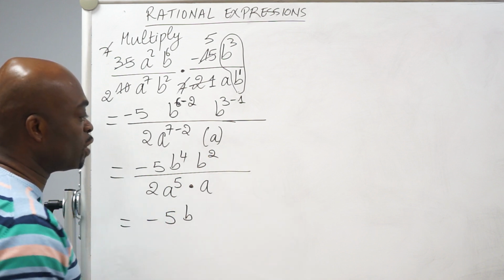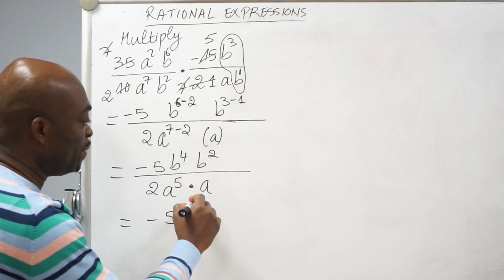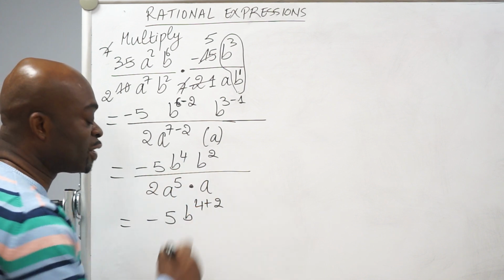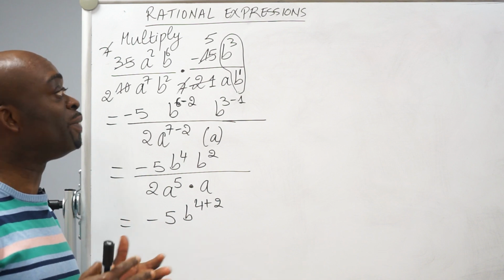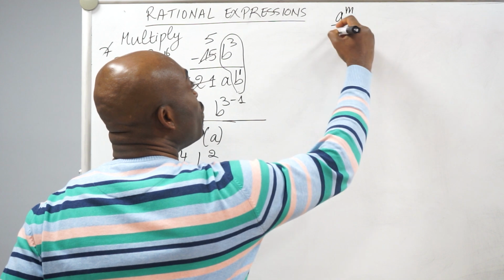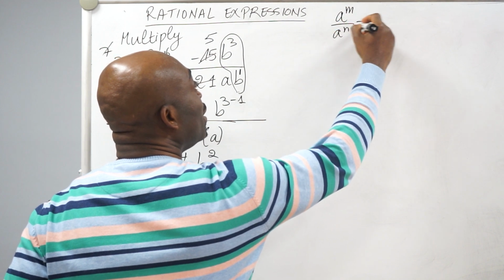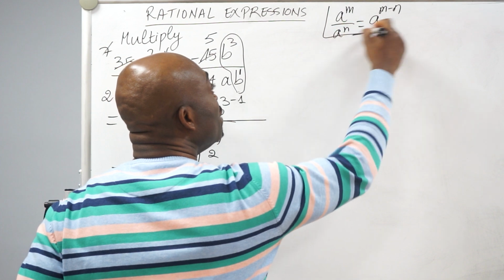And then this one also, what are we going to do with them? So B to the 4th times B2, that'd be B to the 4 plus 2, because when you multiply the same base, what do we do to the powers? We add them up. Okay, you guys remember those rules? A^m over A^n is A^(m minus n). That's when you are dividing, correct?